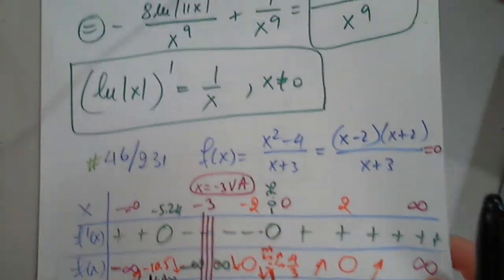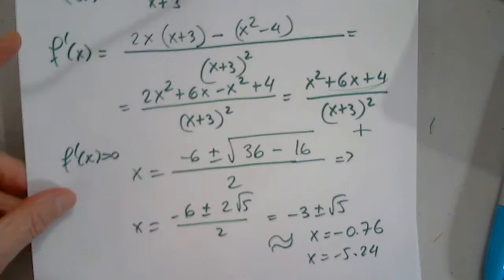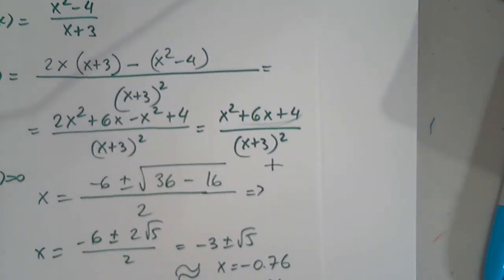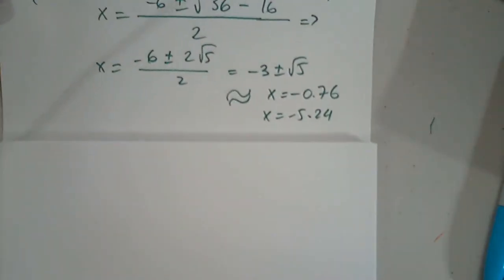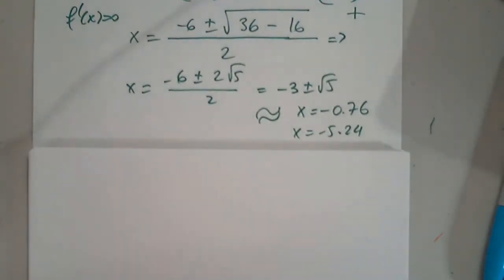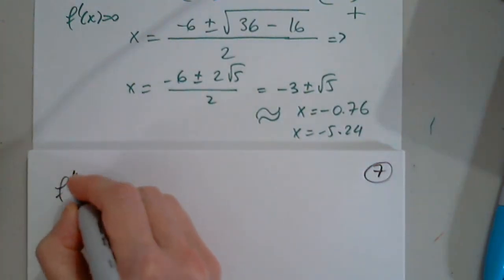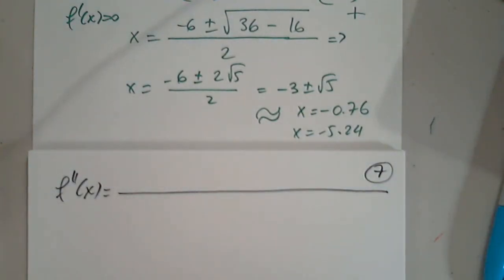Okay, now let's see how messy is the second derivative. Where's my first derivative? This is my first derivative. I have to differentiate it again. Quite messy. Okay, the second derivative. You know you're watching me running out of room.